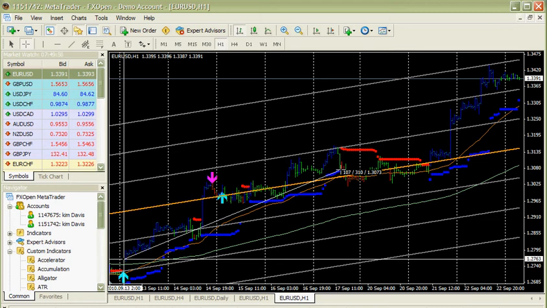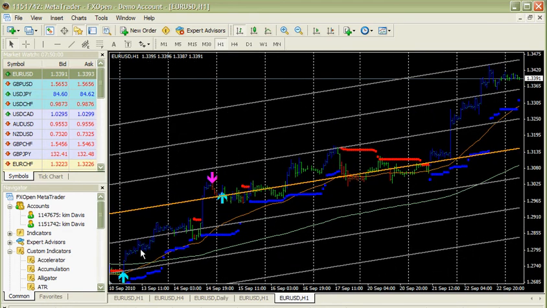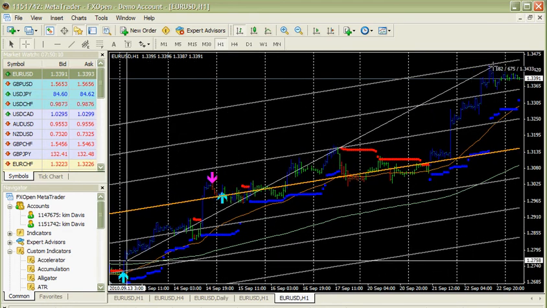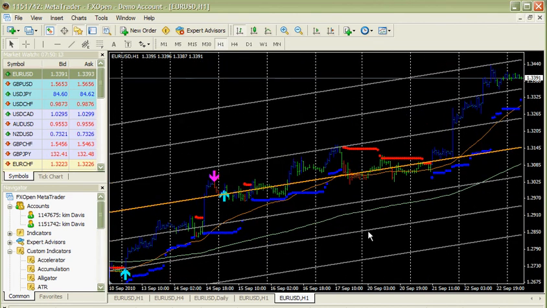If I waited for the system to reach a certain level, I probably would have exited at this level here, or waited till the price goes to this level or this level. The total move here was 670 pips, which is a great move for a trade. You could have made a fortune out of this. So this is basically the advanced master trend template.